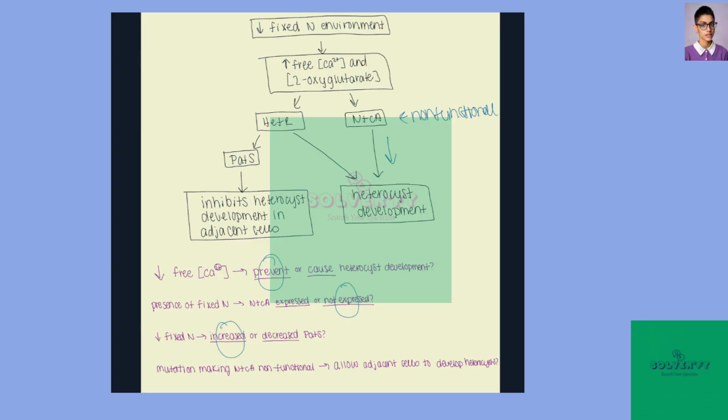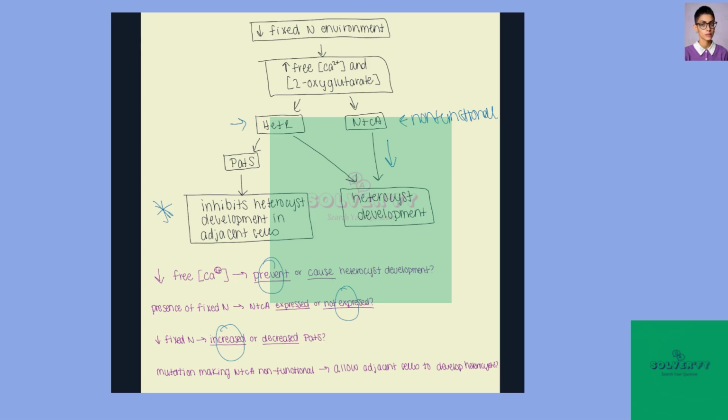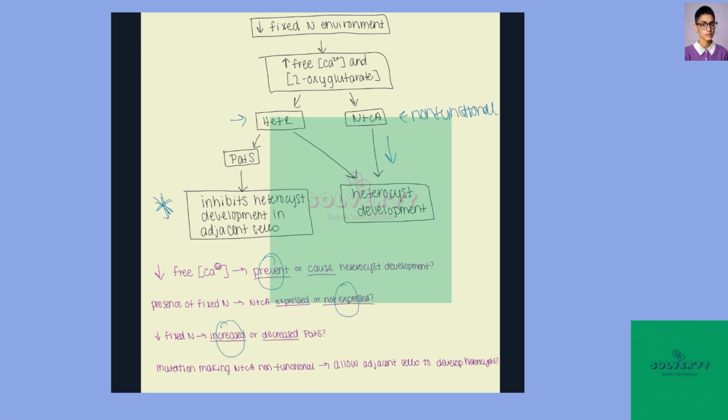However, PATs is what's going to inhibit heterocyst development in adjacent cells. So if HETR was non-functional, then that would allow heterocyst development in adjacent cells. But it's not asking about HETR, it's asking about NTCA, which doesn't affect the allowing or inhibiting of heterocyst development in adjacent cells. So this would actually be false.